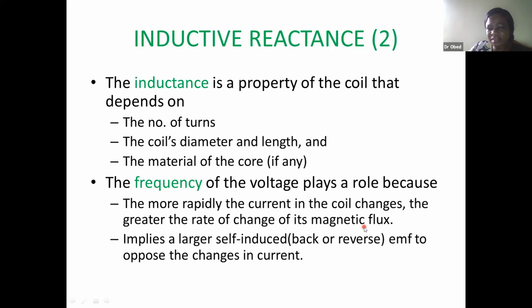I think we saw that when we first discussed magnetic flux. And this implies that a larger self-induced, or back, or reverse EMF opposes the change in current.